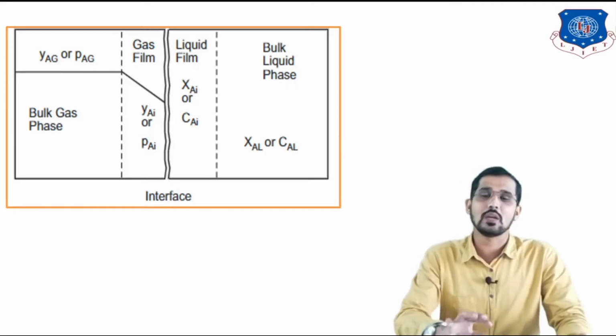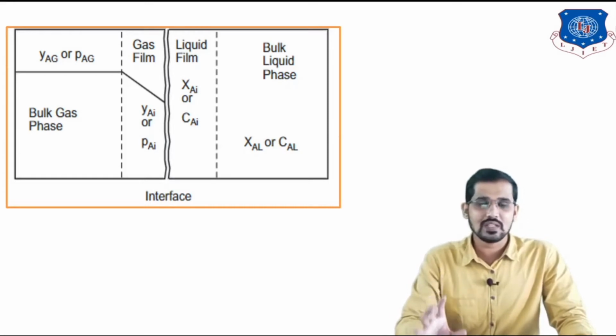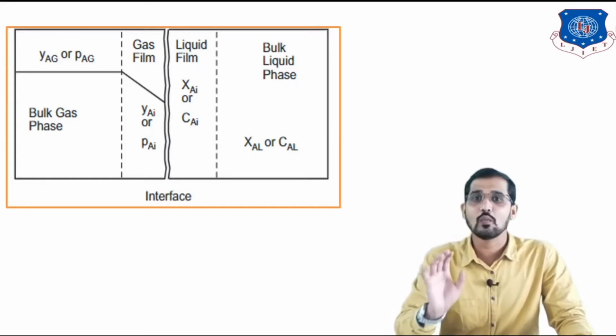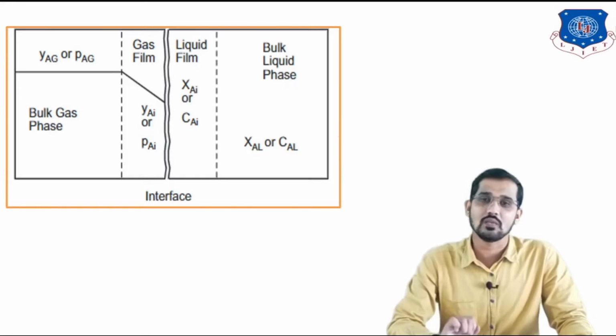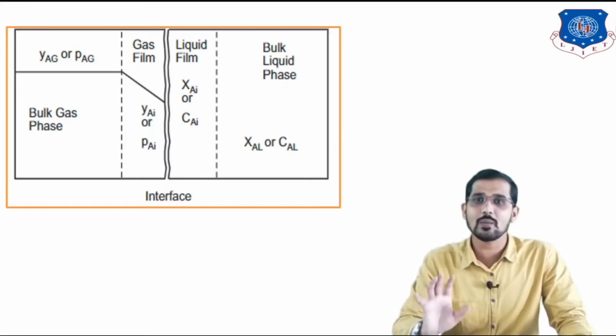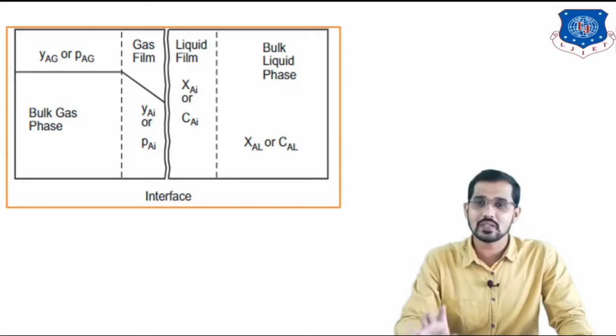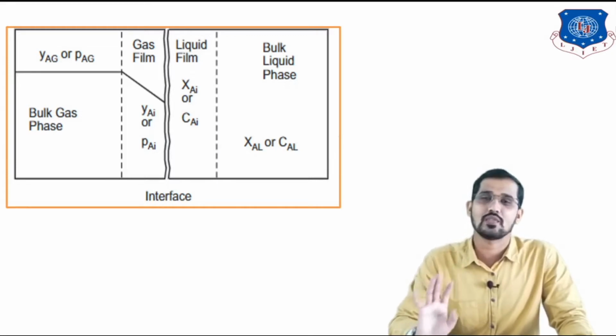Now we will see some notations here. Bulk gas phase means the inner part of the gas phase, and here yAG or pAG is involved. The mole fraction of any component in the gaseous phase is represented by y. So the mole fraction of component A in the gaseous phase is represented by yAG, meaning y of that component in the gas phase.